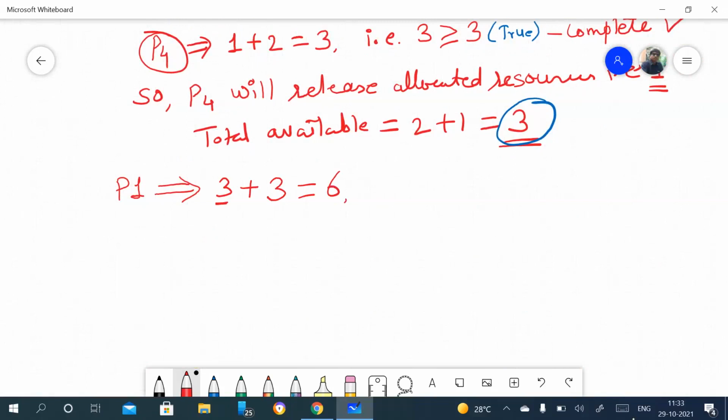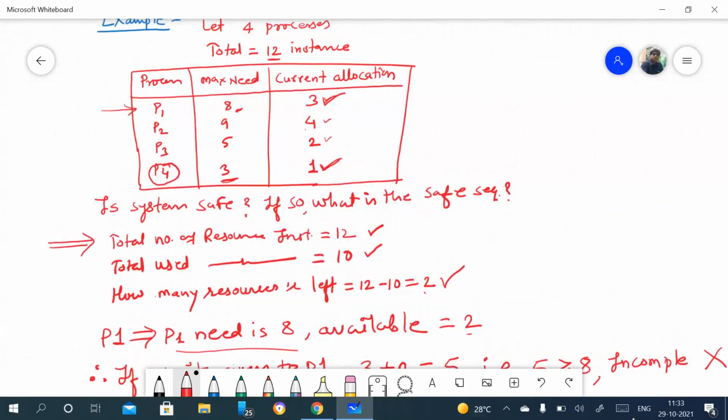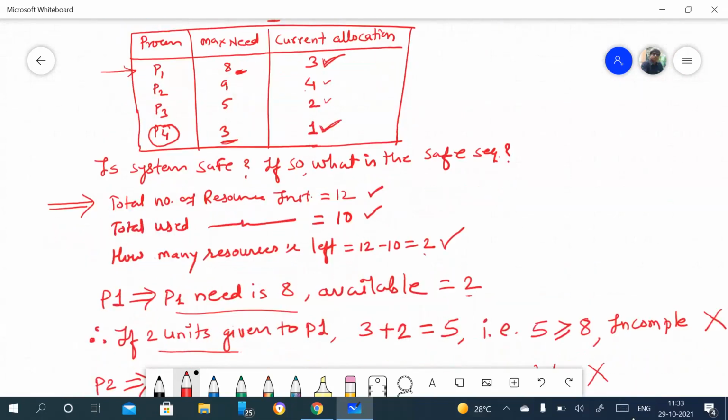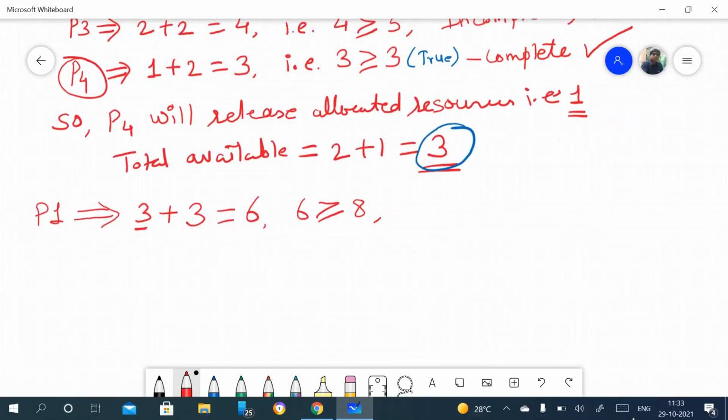But this 6 is not greater than or equal to 8. You can see here that 8, right? So this is again incomplete. So this is not executed.